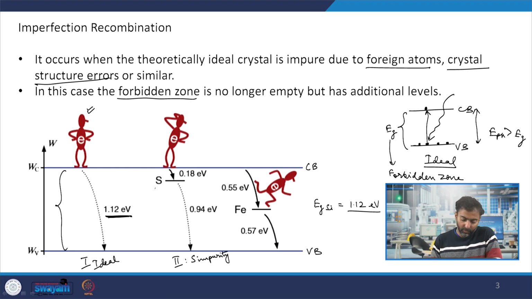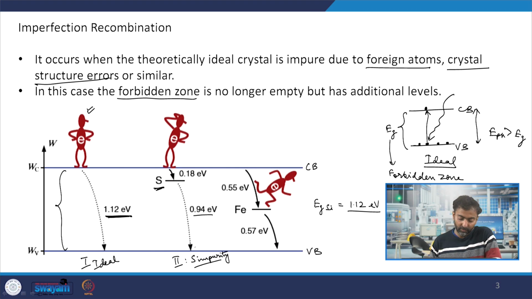But sulfur, in no way do we use at any time for doping a silicon crystal. So this is definitely an undesirable impurity. And interestingly, if you look at the sulfur atom, it has an energy state somewhere in between the valence band and conduction band of silicon. So the energy band of sulfur is 0.94 electron volt above the valence band of the silicon crystal.